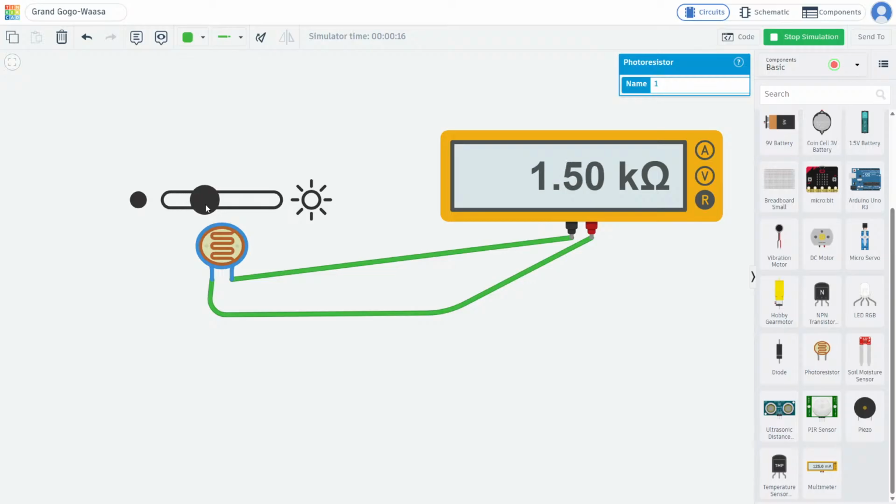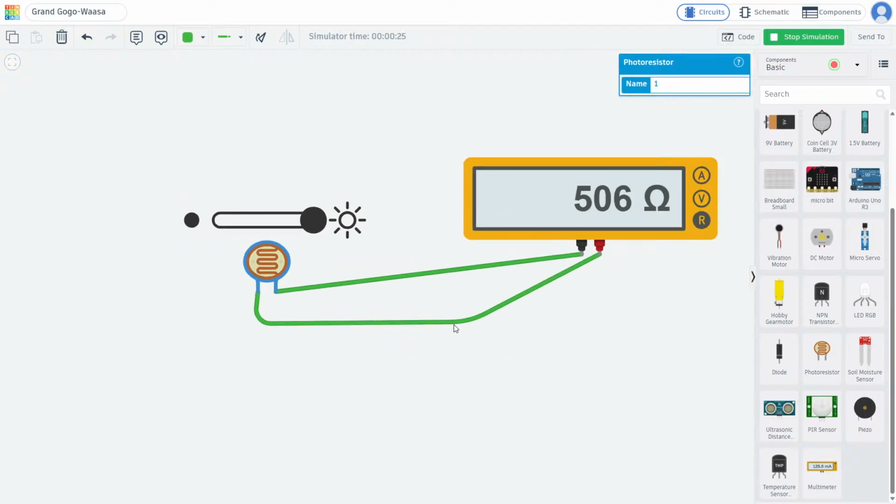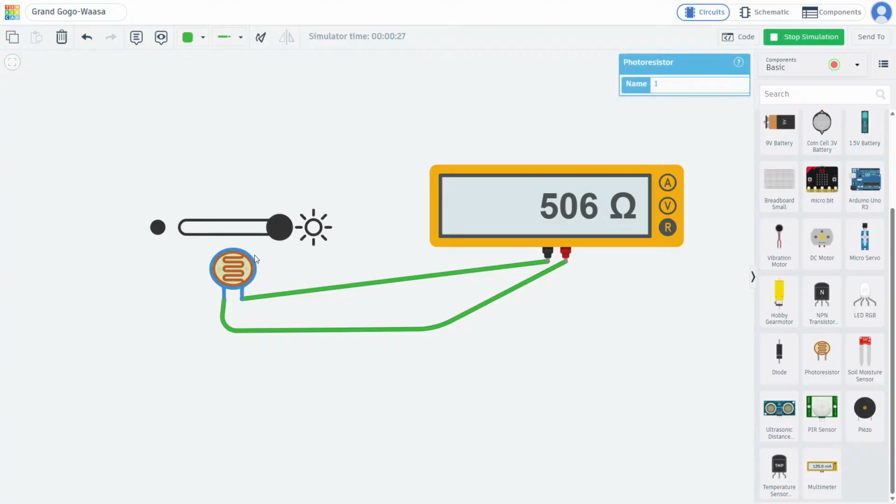When you move this slider towards your right, it means that more light is shining on the LDR. If you have a real LDR, you can do the same experiment. Just connect your multimeter across the two leads and set the mode of your multimeter to measure resistance.